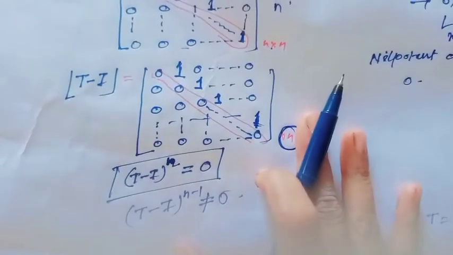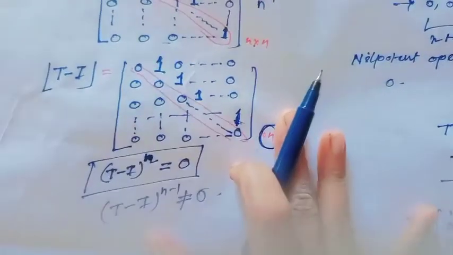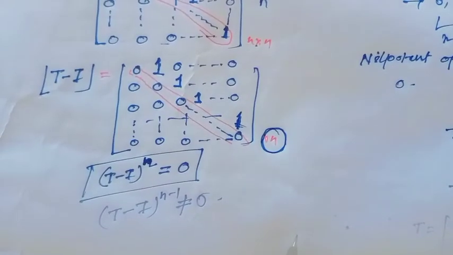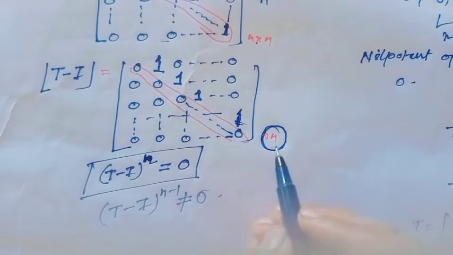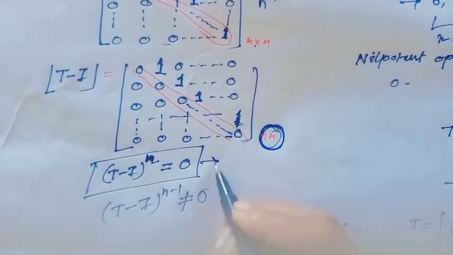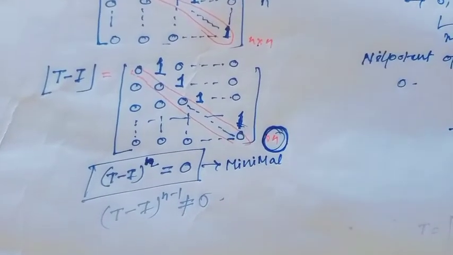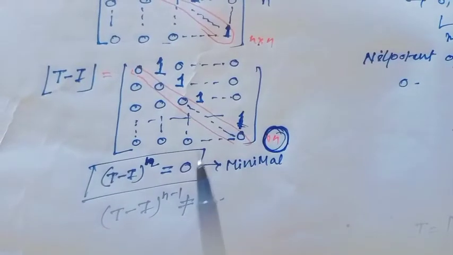So for this operator we can tell option 2 is a wrong option and option 3 is the right option, because since this is the Jordan block, this is actually the minimal polynomial of this operator. We all know the minimal polynomial actually depends on the Jordan block.